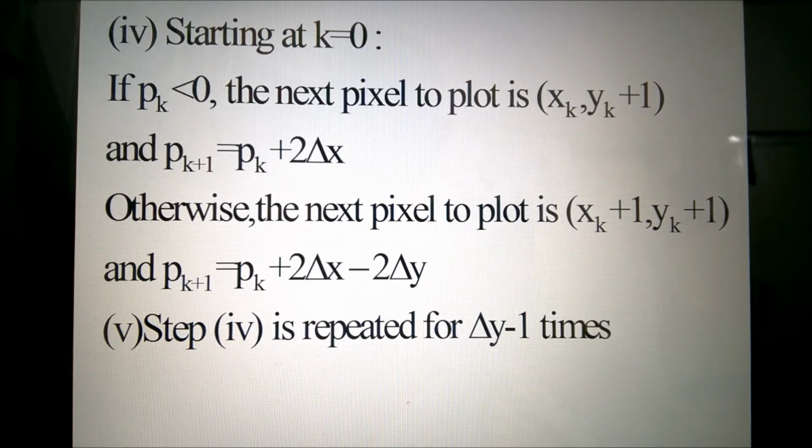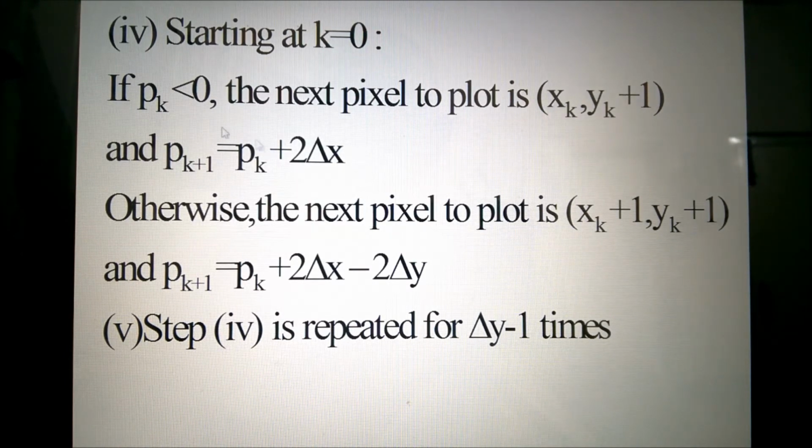And that is also a difference from when m is less than 1, and here m is greater than 1. Therefore at every step y will be incremented by 1, and the x coordinate will depend on the decision parameter.